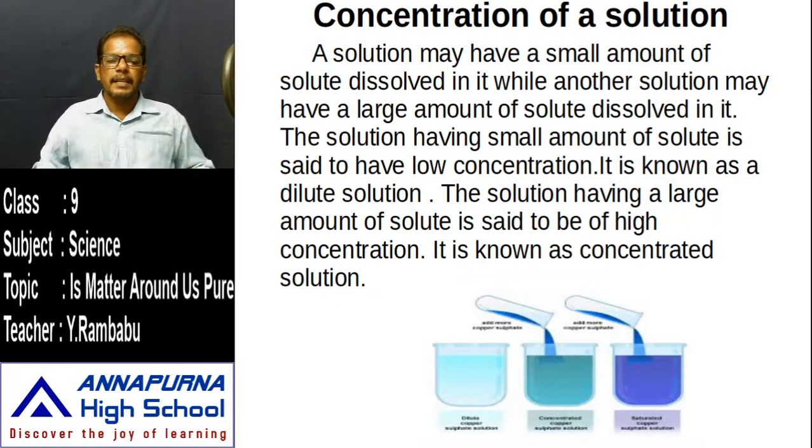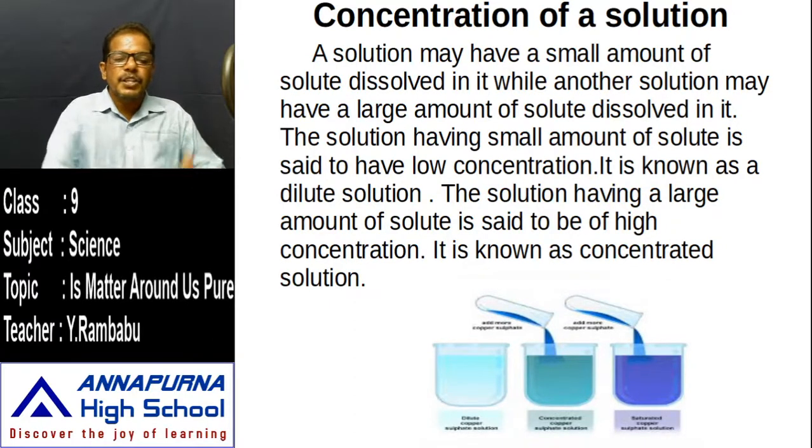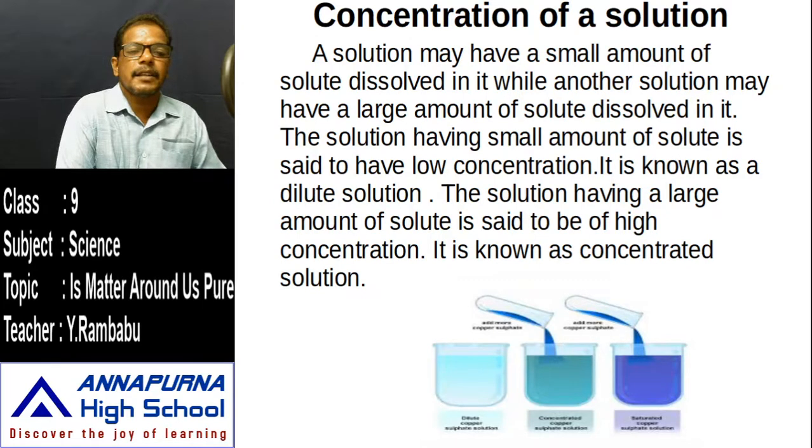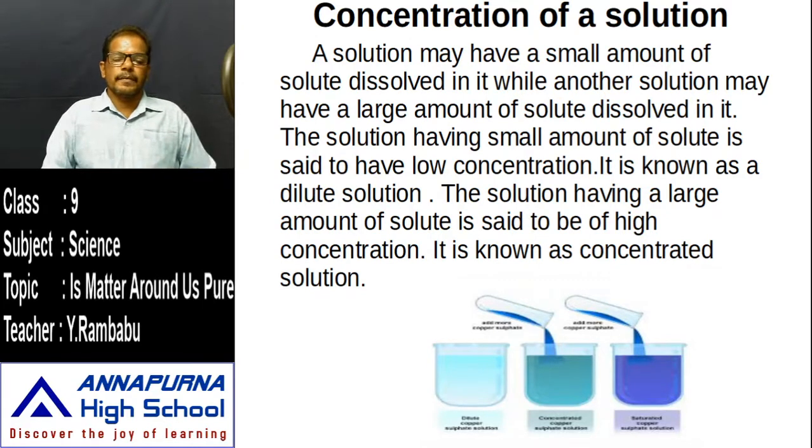That means in all the beakers, an equal amount of water is taken, but the amount of solute added to the solvent is not the same. Water is the solvent, copper sulfate is the solute. That's why the first beaker contains dilute copper sulfate solution. Next, the second beaker, concentrated copper sulfate solution.